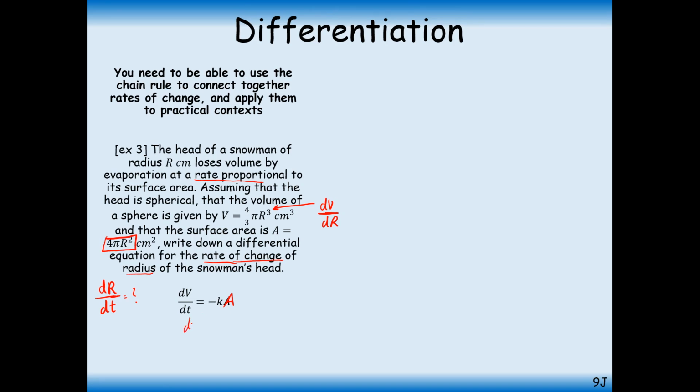So dv by dt here, we can just say that's negative k multiplied by 4 pi r squared. Okay, so how does that help us to solve the problem? We have this fraction here, dv by dt. That's not bad. So what can we do to solve this problem?